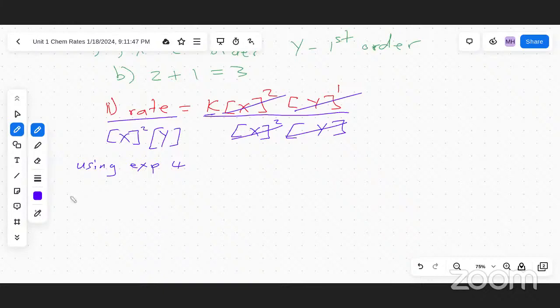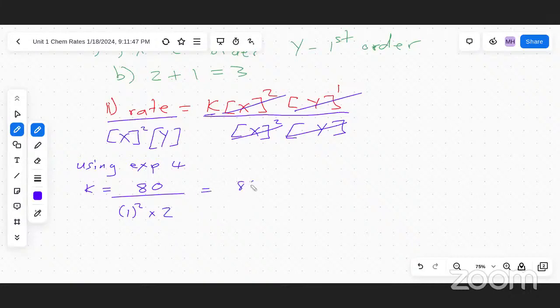All right, so K is equal to 80 divided by 1 squared times 2.